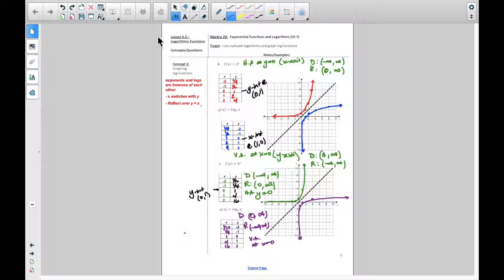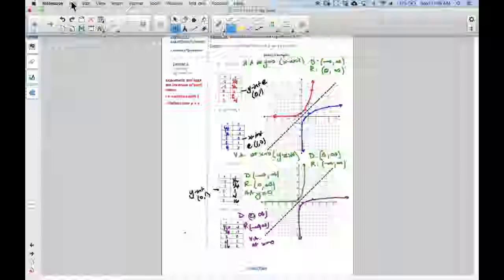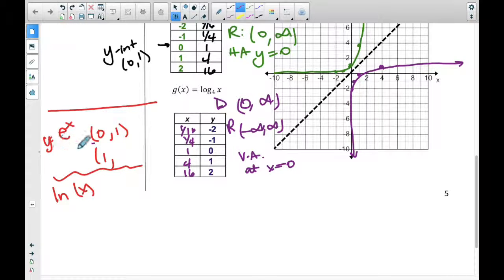If it was a base e, let's talk about base e. What would happen to this graph if it was a base e? It would always have a y-intercept at 0, 1, and then what would our next point be? Well, our next point would be 1, e. And remember that e is 2.718.